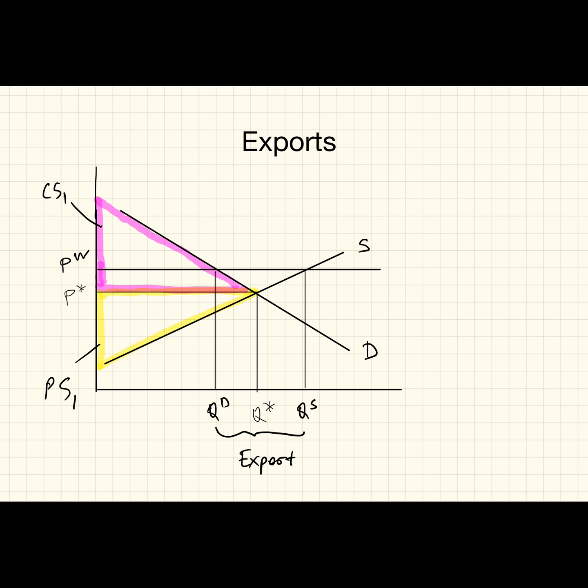After price goes up and market opens to world trade, international trade, producer surplus increases, right? So price is high now, so producer surplus will be this area, this triangle. So clearly producers gain in terms of producer surplus. So this is PS2. Consumers lose.